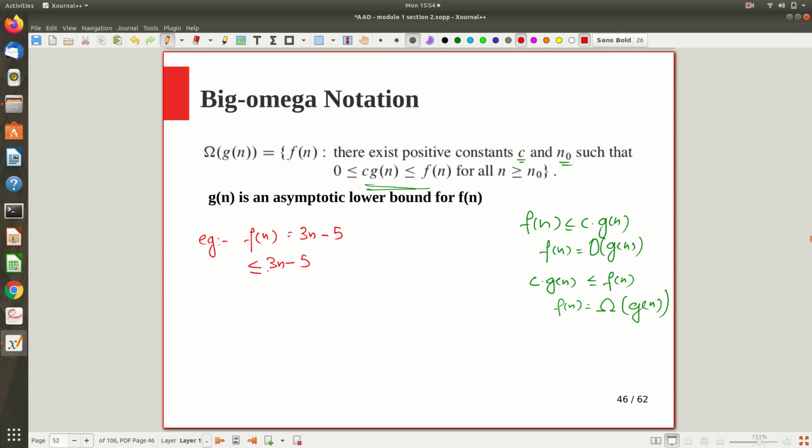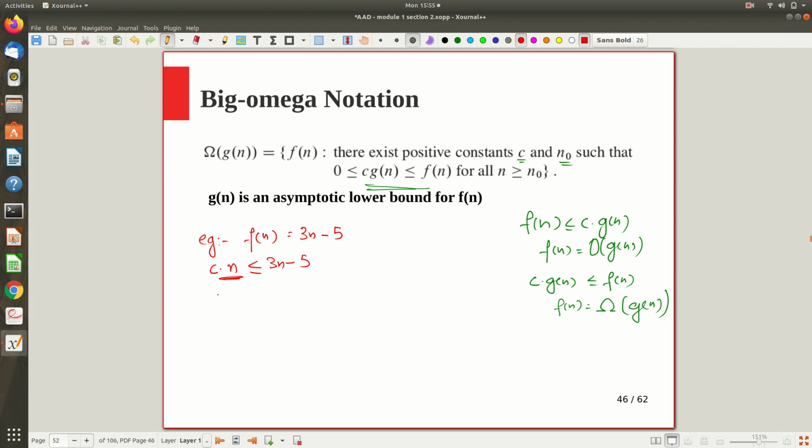So it should come here, or you can write this as greater than or equal to, both are fine, following it back to some c into some g of n that you have to find. And you can guess it right now, right? So g of n, can you think of some bigger quantity of n, like n square or something? Definitely it is not going to be less than this, right? So it should be at most n. I can try n itself.